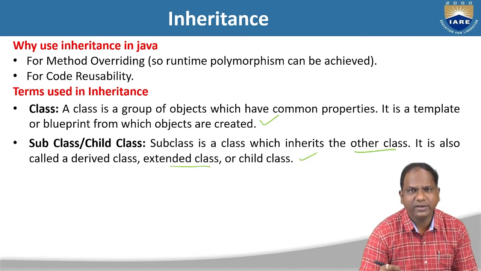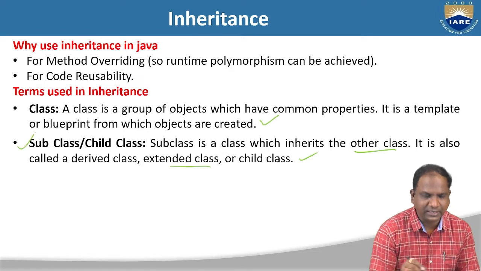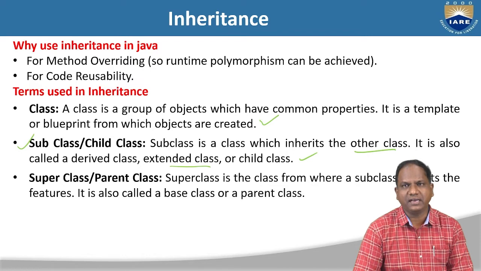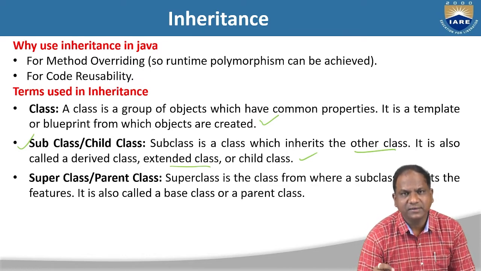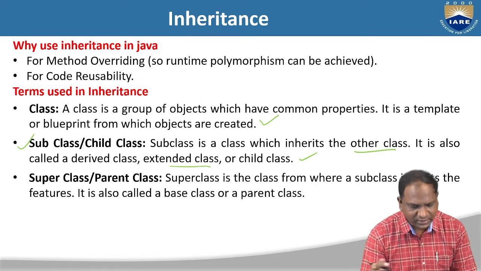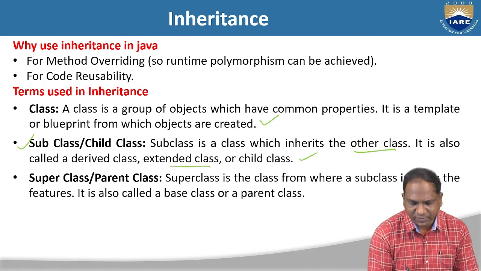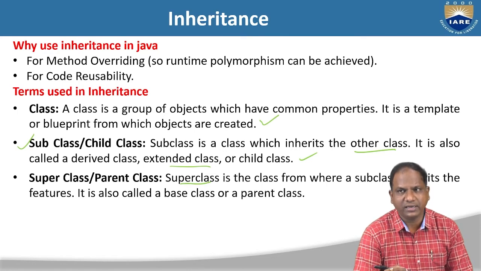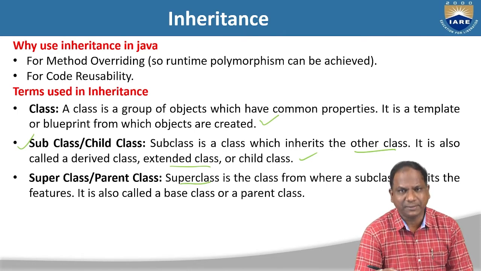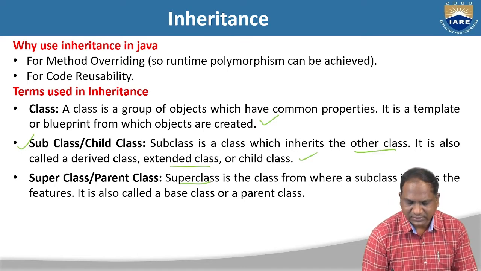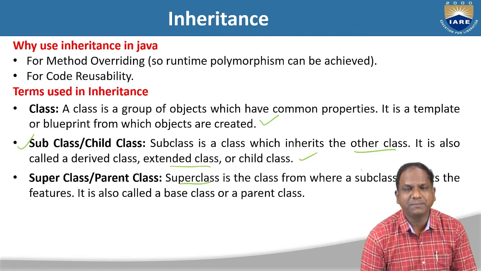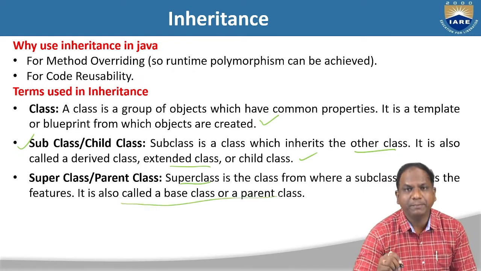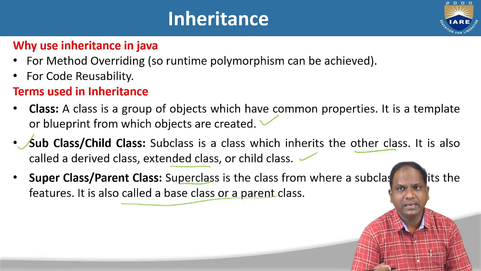So the terminology we use in inheritance is subclass. Another terminology is superclass or parent class. The superclass is a class from which a subclass inherits all the features. In our previous example, animal is a superclass and bird is a subclass. The superclass is also called a base class or parent class.